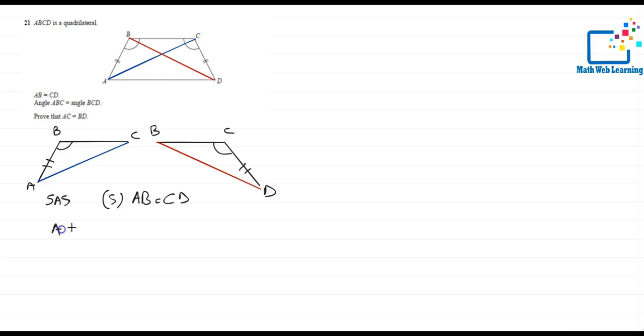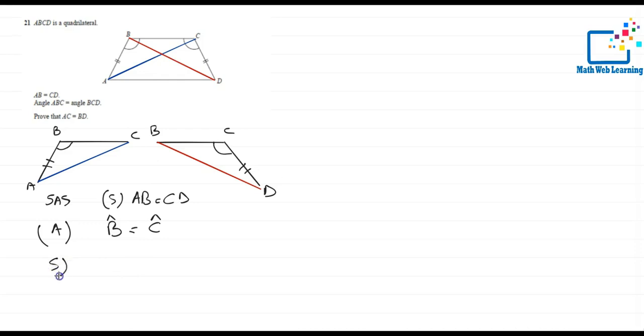Now for the angles, we have angle B is equal to angle C. Oh, sorry, it's been told here angle ABC is equal to BCD, and also in the diagram, of course.